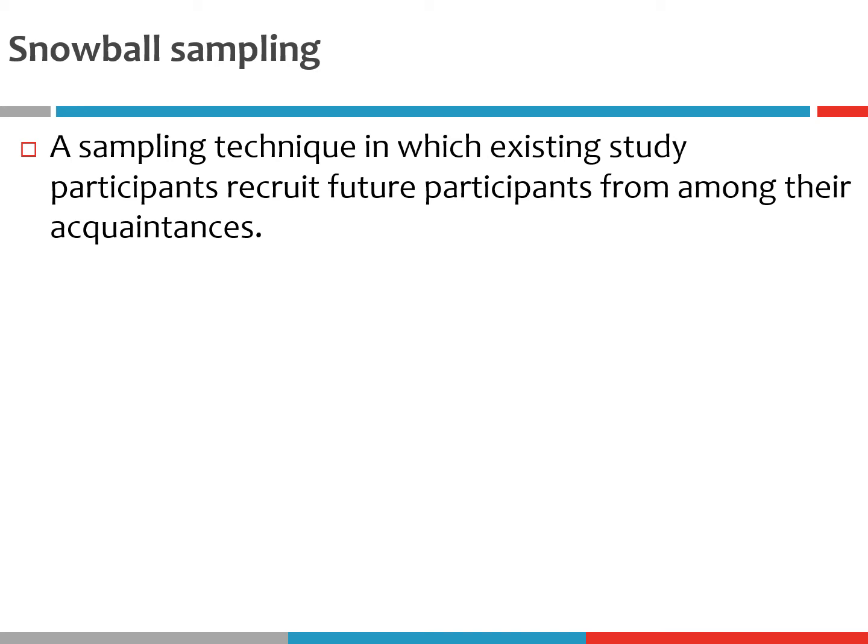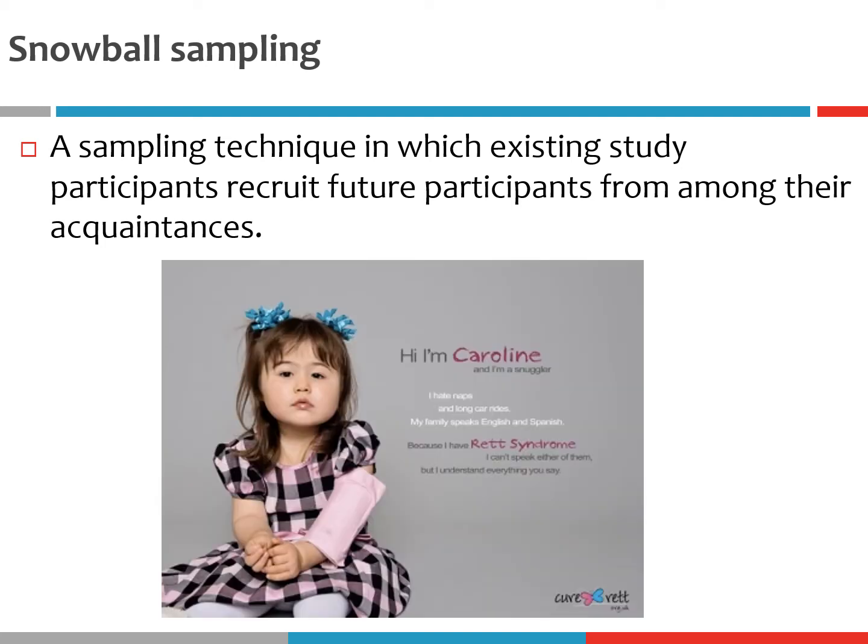Okay. Snowball sampling. Snowball sampling is a technique in which existing study participants recruit future participants from among their acquaintances. So why might we do snowball sampling? Well, it's usually a technique that gets employed when you're investigating a rare disease.